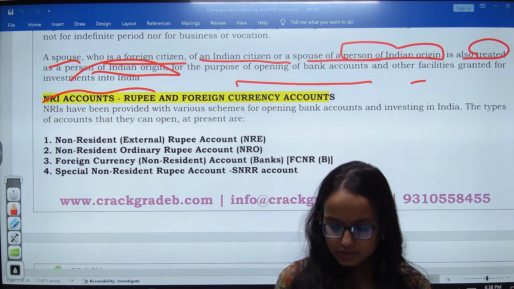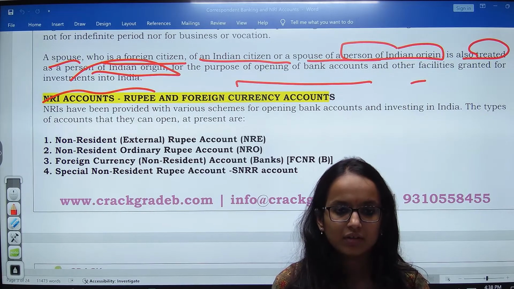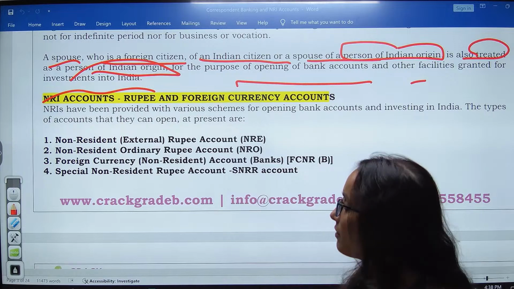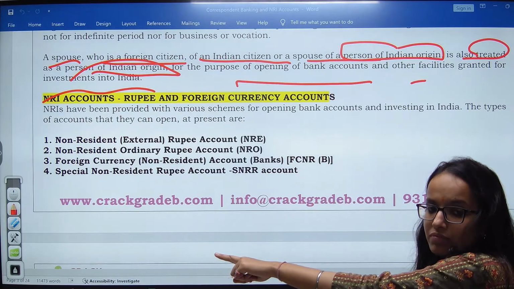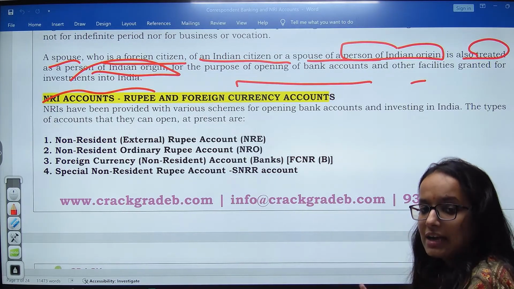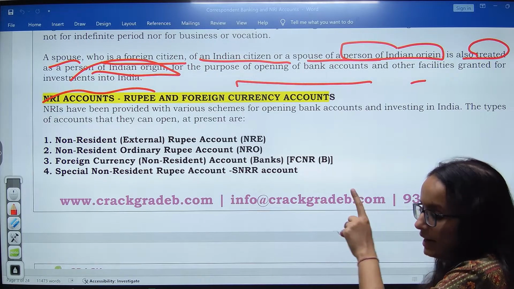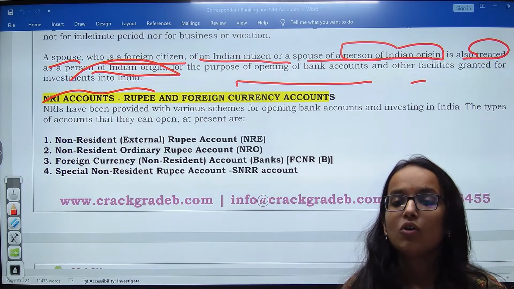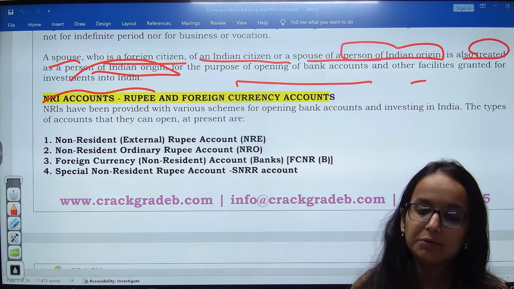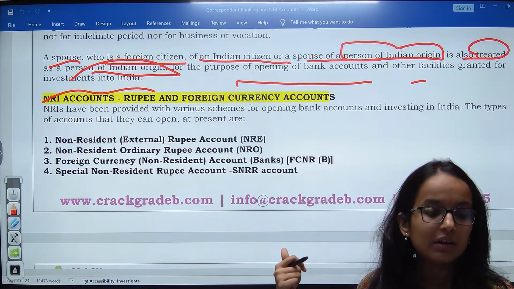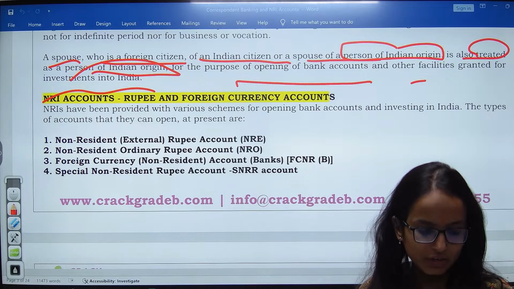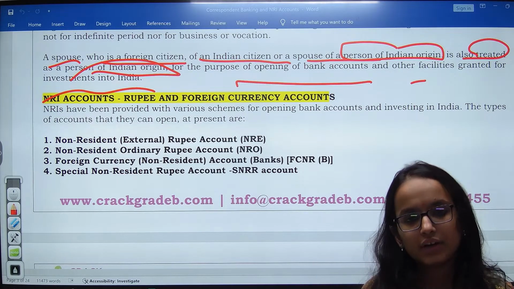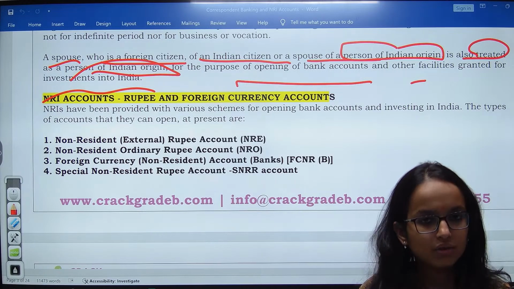Did you get this point? So, banking facilities to the spouse will be given as per this criteria of FEMA, and for extending the banking facilities or opening up of a bank account, the spouse mentioned here will be considered as a person of Indian origin.